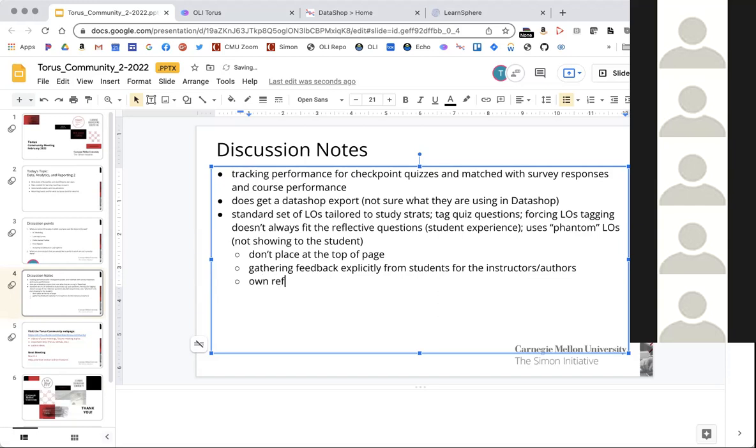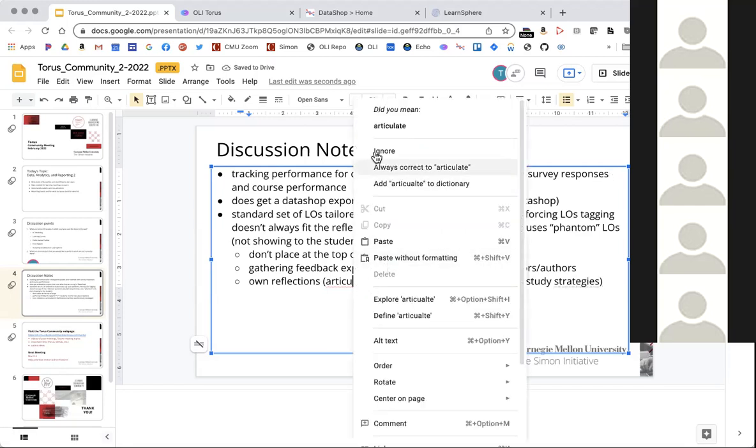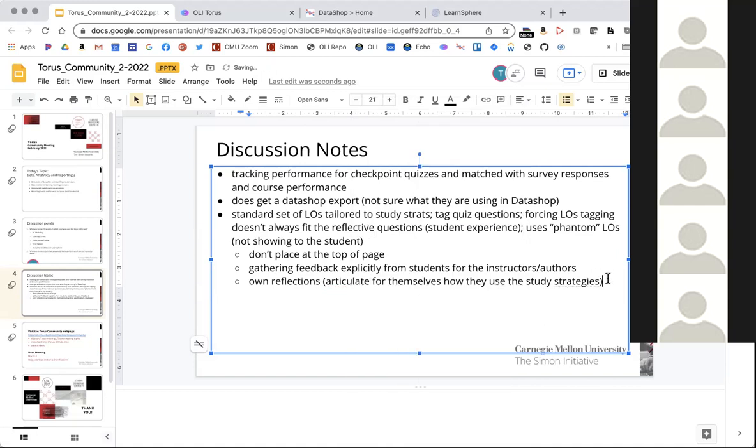There are a lot of those where students articulate for themselves how they're currently using study strategies, and those are embedded at the end of every module. And then we also have some that are targeted at gathering feedback about how students feel about the platform itself, the learning experience, and the content.